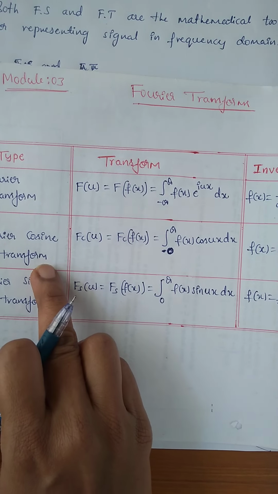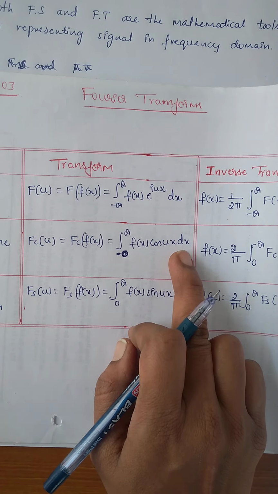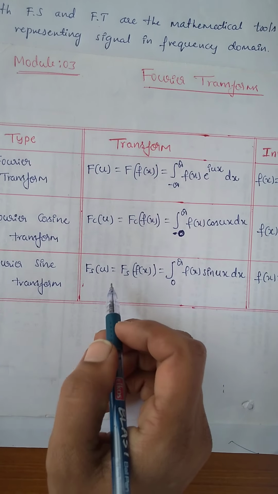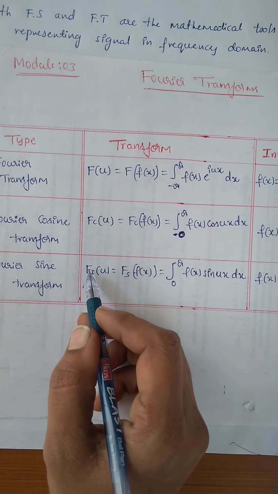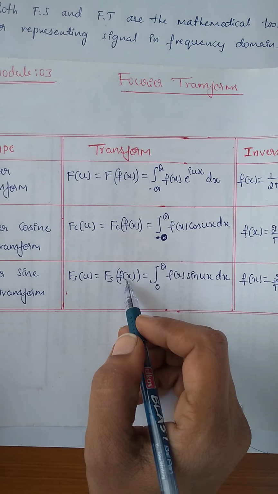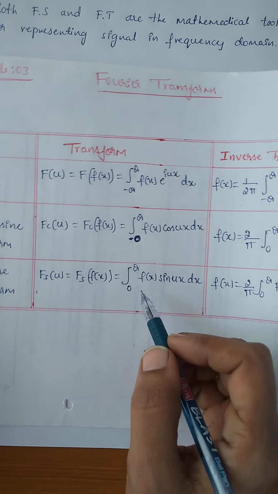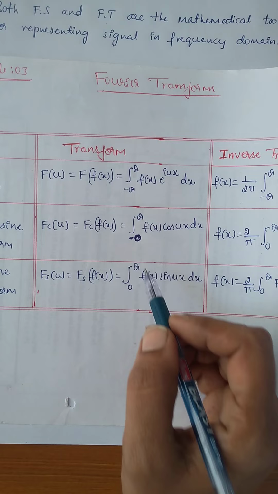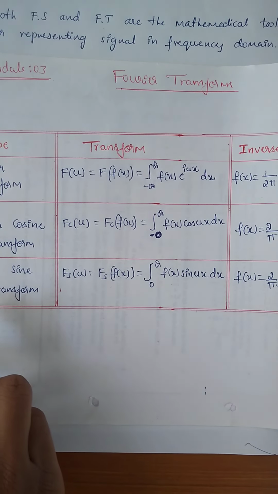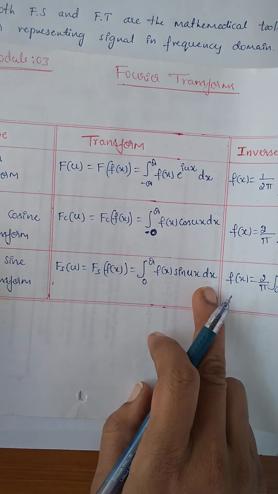So in the Fourier cosine transformation formula we take the cosine term, cos ux dx. Similarly, the Fourier sine transform formula Fs of u, s is nothing but sine. Fs of u, or Fs of f of x, is equal to the integration from 0 to infinity of f of x sin ux dx. So in the Fourier sine transformation we use the sine term, sin ux dx.